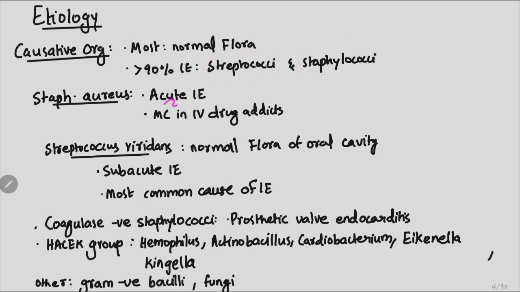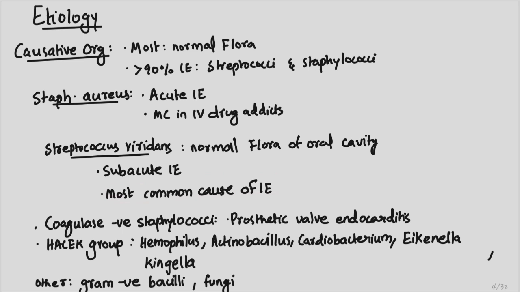Staphylococcus aureus causes acute infective endocarditis, and it is most common in IV drug addicts. Streptococcus viridans, the normal flora of the oral cavity, causes subacute infective endocarditis, and it is the most common cause of infective endocarditis, while the most common cause of acute infective endocarditis is Staph aureus.